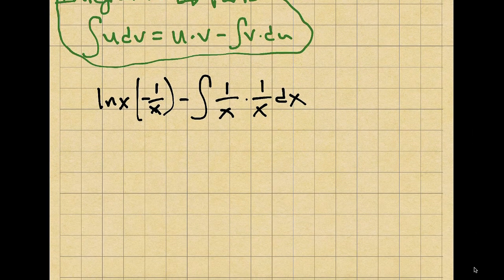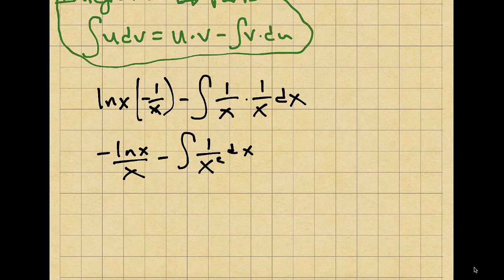What is now, this is negative natural log of x over x minus the integral of 1 over x squared dx. So if we think about this, this is negative natural log of x over x minus, if we do the same thing with this, remember that 1 over x squared is the same thing as x to the negative 2.